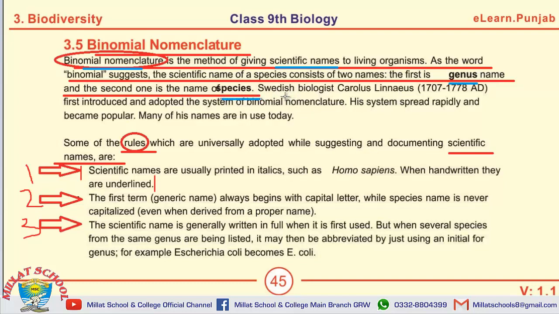The other MCQs may be: Swedish biologist Carolus Linnaeus in 1707 to 77 AD first introduced a system of binomial nomenclature. Scientific names are printed in italics, for example, Homo sapiens. The first term, the generic name, begins with a capital letter. The species name is never capitalized. The abbreviation of Escherichia coli becomes E. coli.